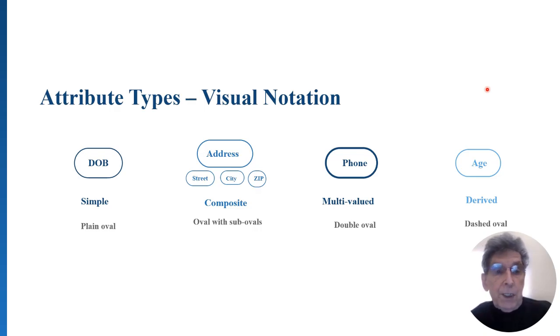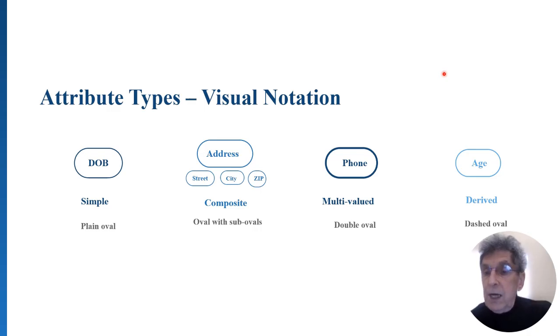Let's see these visually. In Chen notation, different attribute types have different visual representations. A simple attribute is a plain oval. Date of birth is a simple oval connected to the patient. A composite attribute is an oval with subovals branching from it. Address is an oval with street, city, state, zip as smaller ovals connected to it.